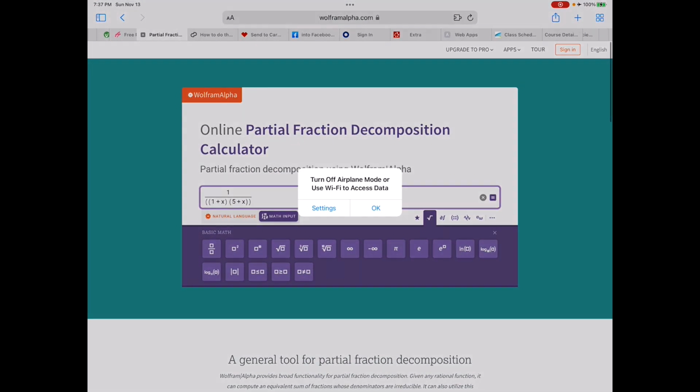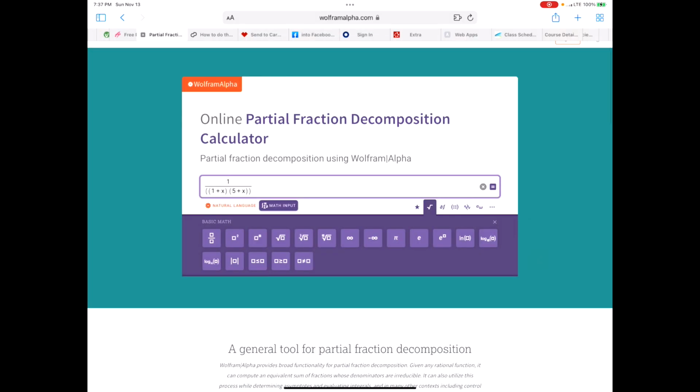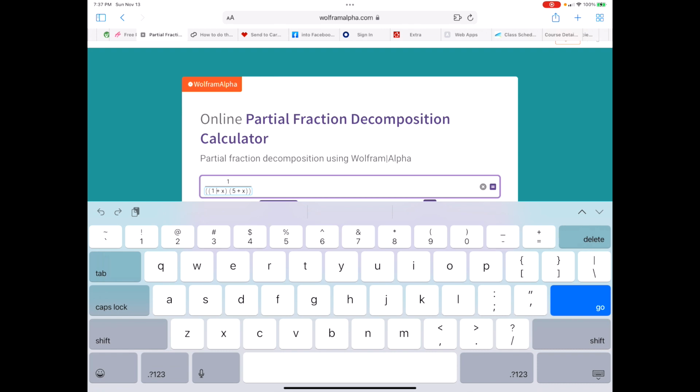I just Googled, I got to turn off airplane mode, I guess. I just Googled Laplace transforms. So here we go. We had, for our numerator, not sure if it'll let us do things in terms of s. We'll find out.